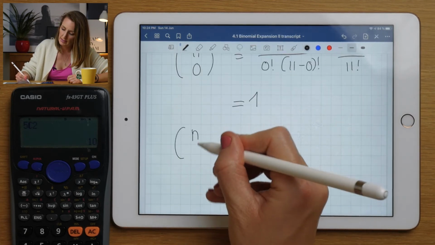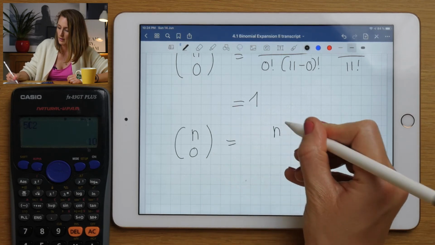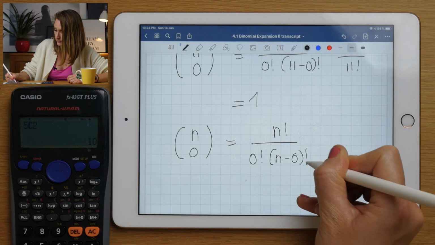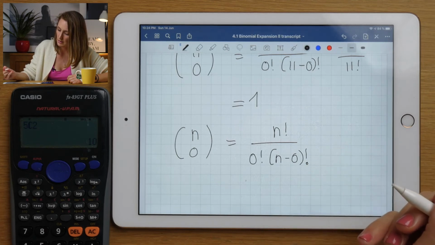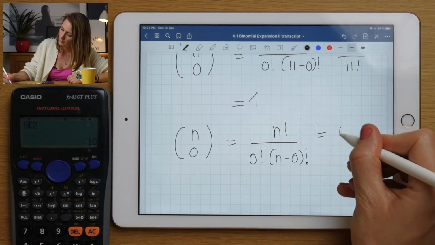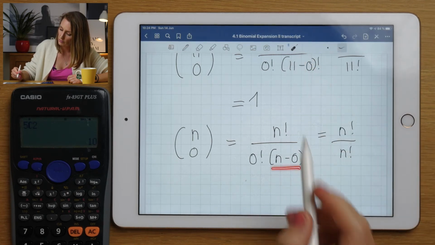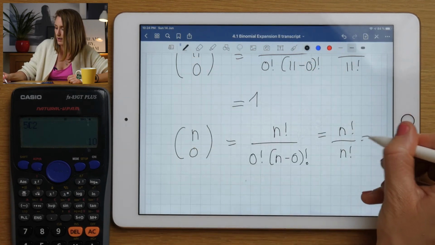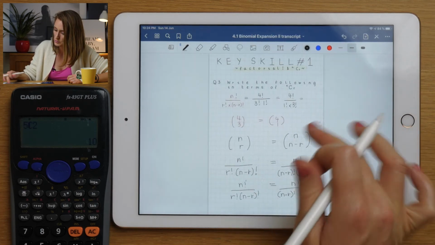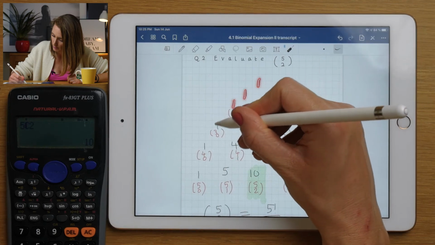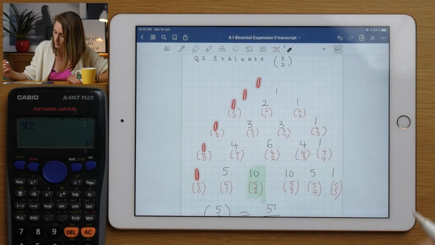And similarly, for any number choose 0, it's always going to work out exactly the same. So any number choose 0 is going to be 1, because you're always going to be left with n factorial divided by n factorial. It doesn't matter what n will be, which will be 1, which is why in our Pascal's triangle, the choose 0 number is always 1.